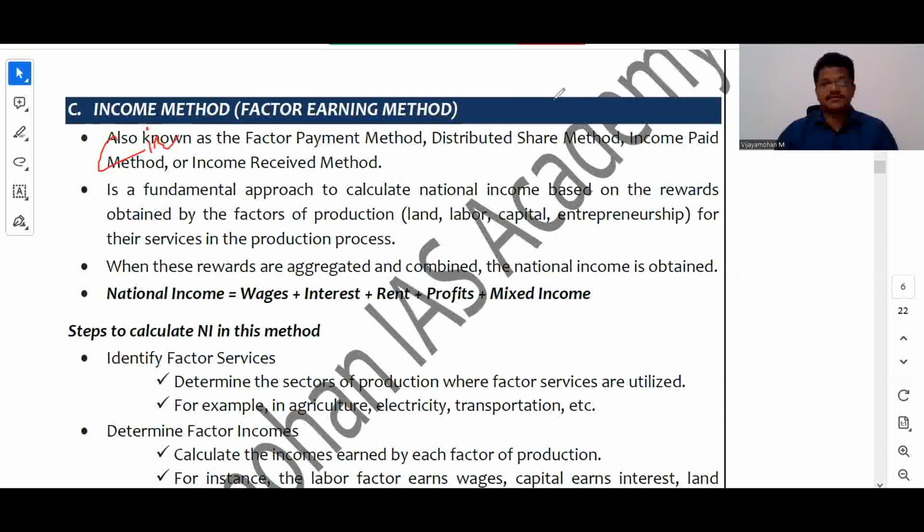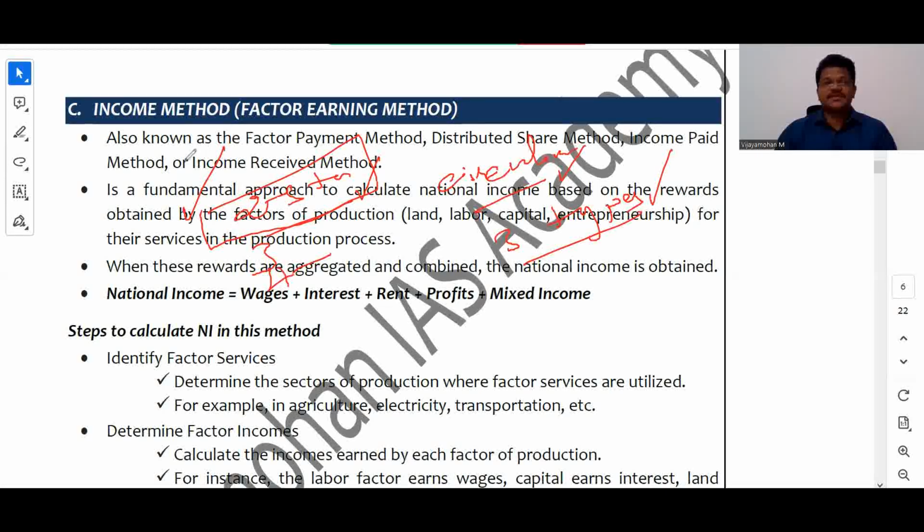What do you mean by circular flow of income? And I explained to you about the three types of circular flow of income models: two-stage circular flow of income, which has only two elements, that is households and firms, then three elements and four elements, right?